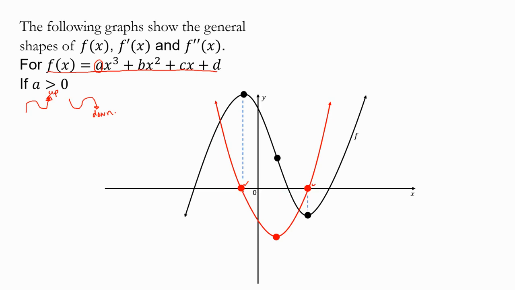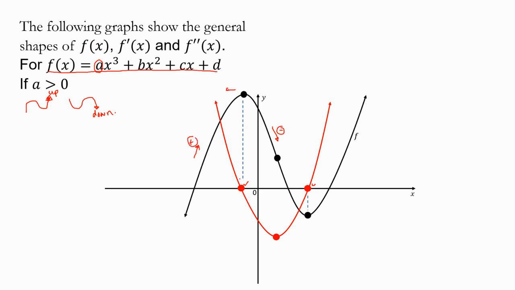And then between the turning points, we can see that the graph is decreasing, meaning that the gradient is negative. That's why between the turning points, this quadratic or parabola is below the x-axis. Remember that below the x-axis means that the y value is negative. And going to the left here, the gradient of the black graph is increasing, meaning that it is positive.